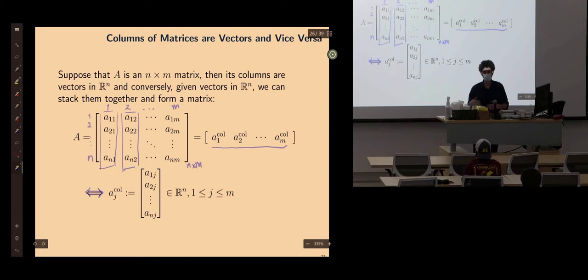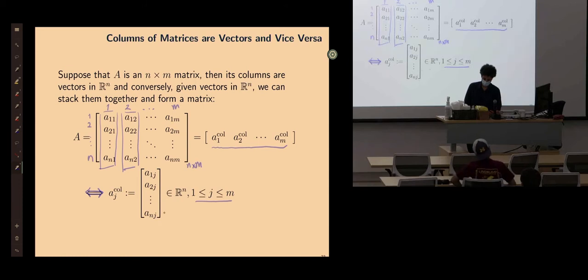We can conclude one side from the other side. So the arrow that you see is both directions. So column j, where j can be anything from 1 to m, is an n by 1 vector that belongs to Rn, right?